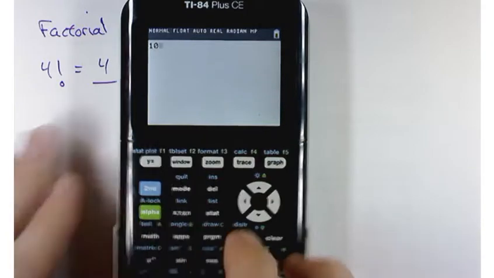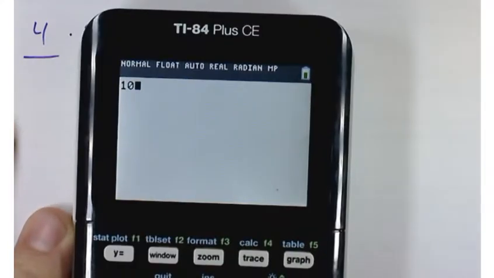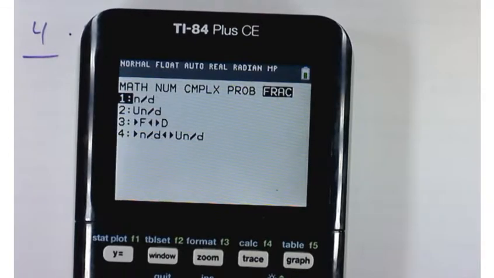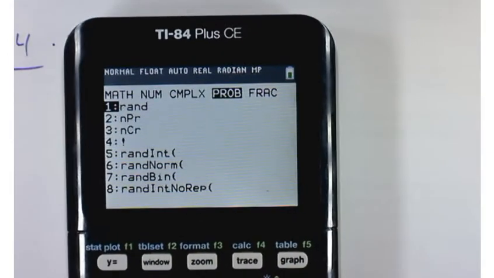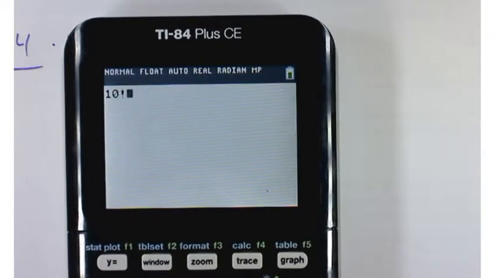So you hit the 10, then hit the math key, go over to probability. That's the fourth menu across the top. Does there look like there's anything promising in here? 4th option down. So 10 factorial should be over 3 million, which is a staggeringly large number for such a small thing like 10.